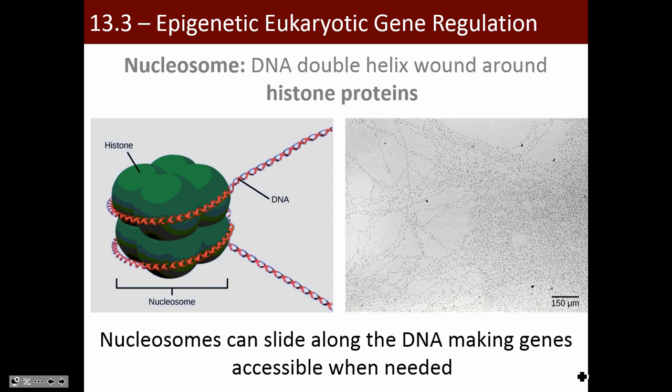But the nucleosomes can move, so they can slide back and forth on the DNA, so we can open up those boxes and get out the information if we need it, okay? They just hang out on our DNA, helping keep it organized, because it's just a giant spaghetti pile, right? Our DNA is so much bigger than our actual cell if you stretched it all out. We've got to fit it in there somehow.